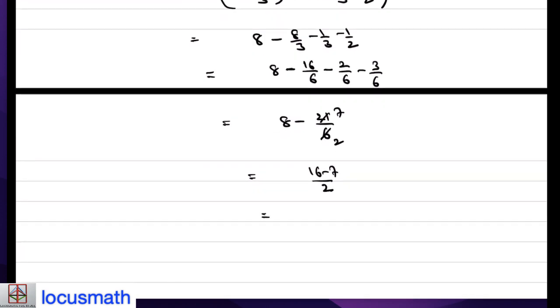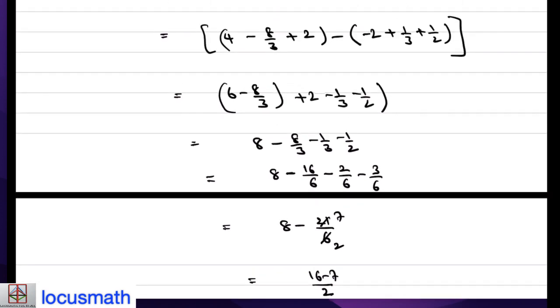That is 16 minus 7, which is nothing but 9. Yes or no? 9 by 2. Yes, 9 by 2 square units. This is the required area. So the required area is 9 by 2 square units.